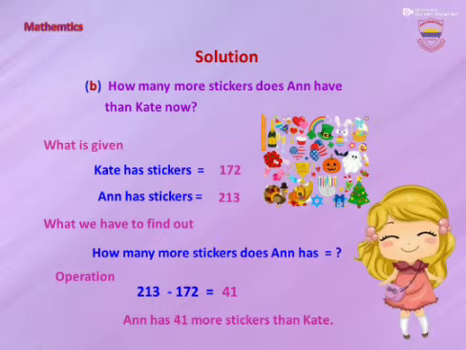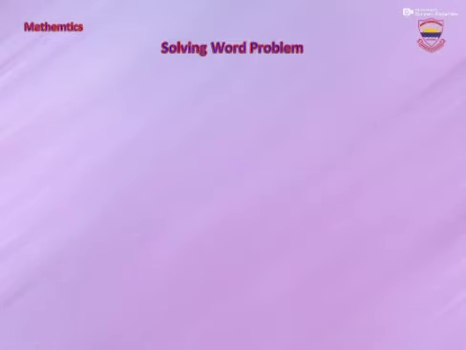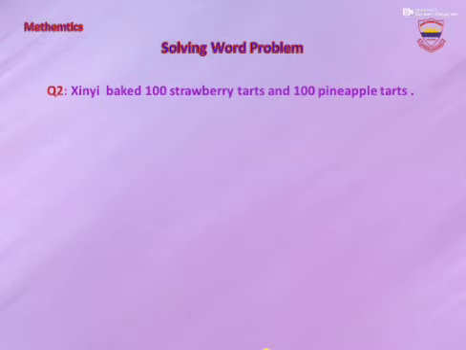In this sum, we firstly find the total stickers of Kate, that are 172. Then find the difference between Anne's and Kate's stickers. Anne has 213 stickers. When we subtract 172 from 213, we get the answer 41. Let's go to the next example.